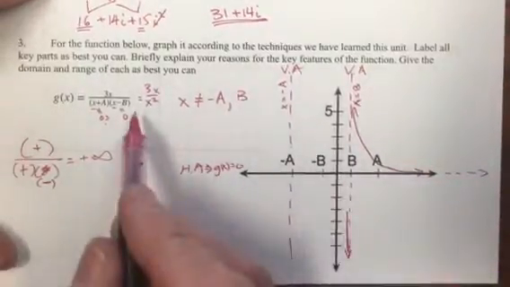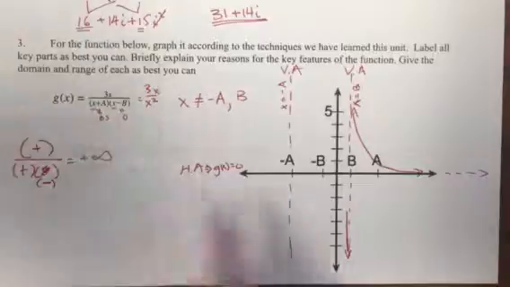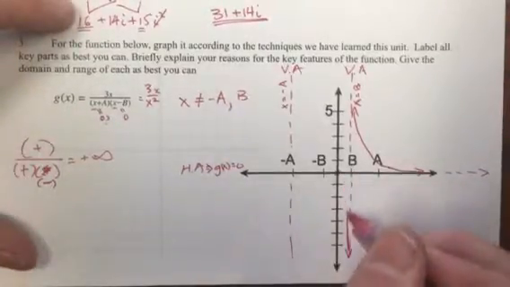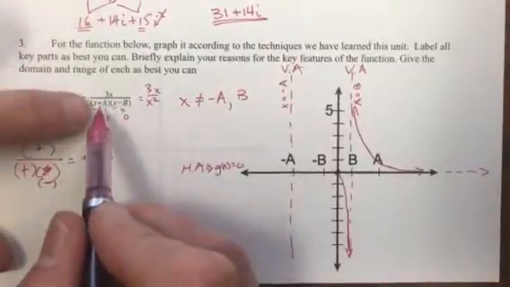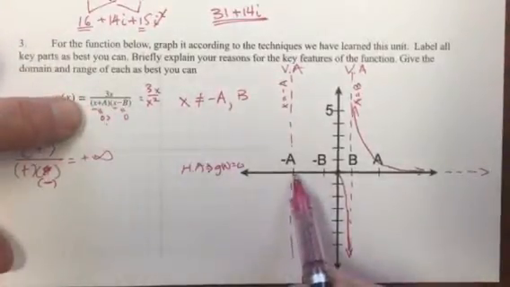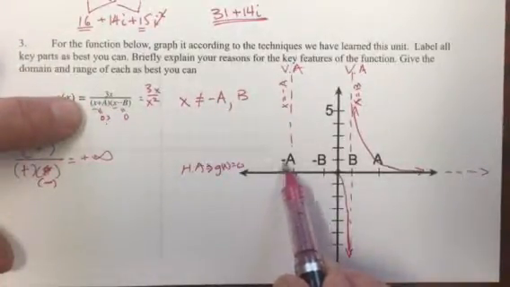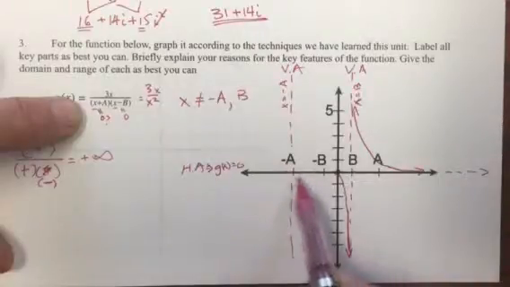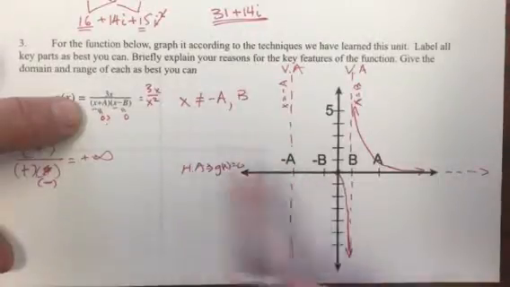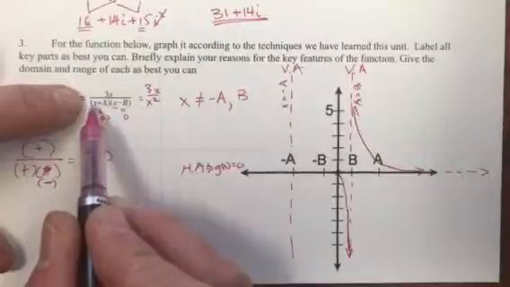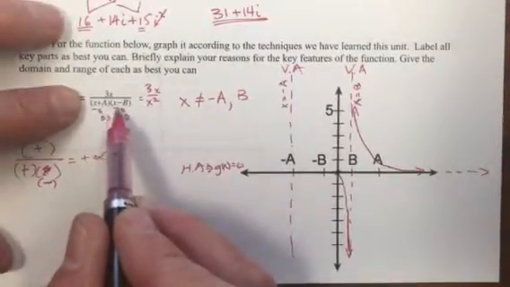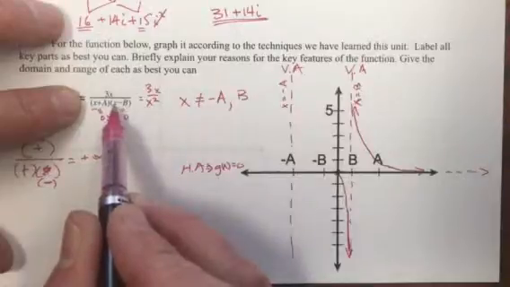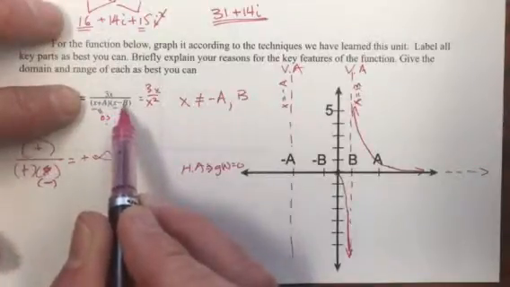What happens when x is 0? It is at the origin. And now what happens when x is a little bit bigger, but negative, than negative a? So if a is like 4, this would be negative 4. We're talking like negative 3.9. Well, negative 3.9 plus 4 is still positive, and x minus b is negative because I've got a negative number and I'm subtracting the value of b.